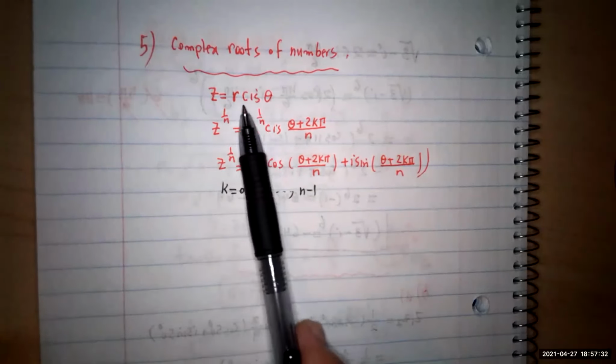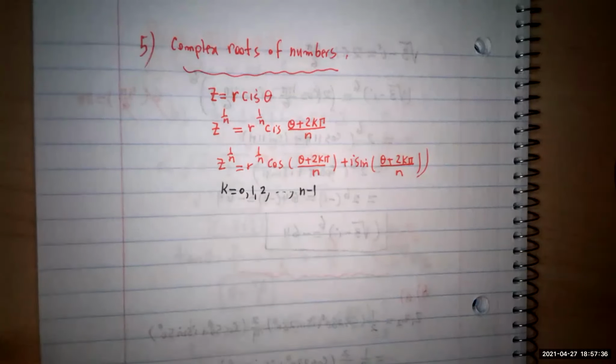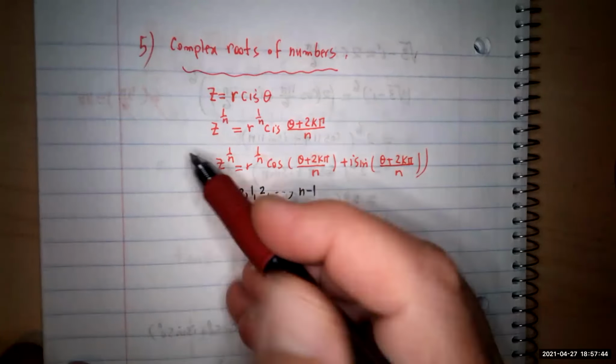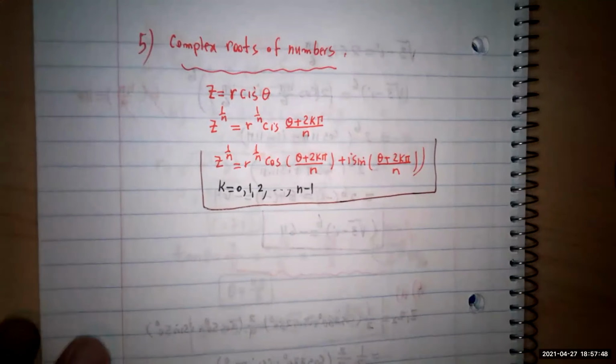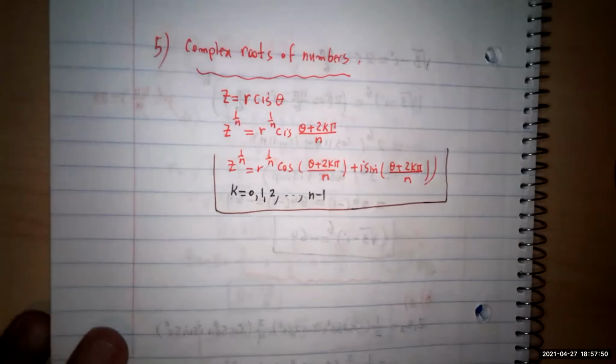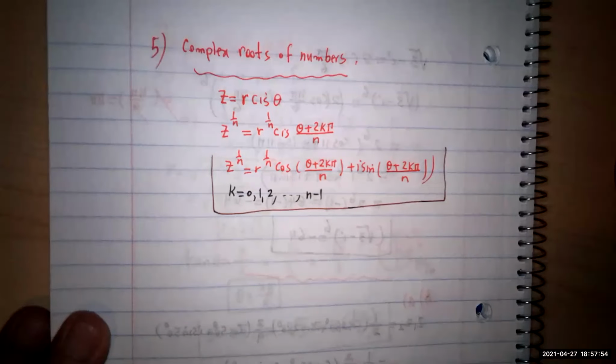This is another short notation for the polar form of a complex number. So this is our formula. The number will be given, you find the roots, simplify, and list the solutions, and you are done.